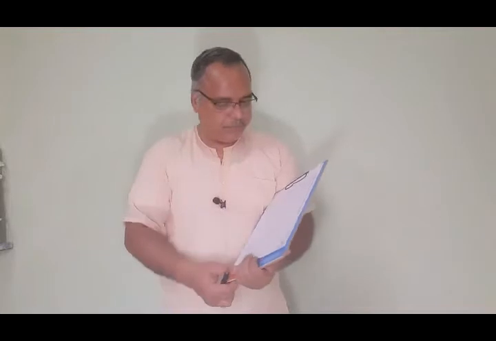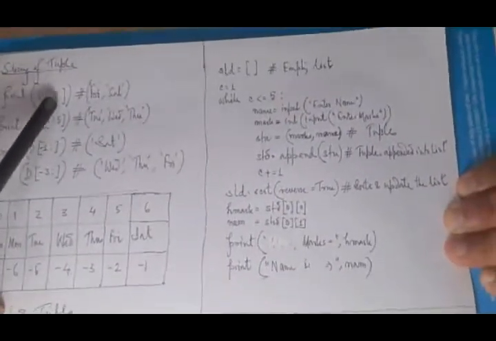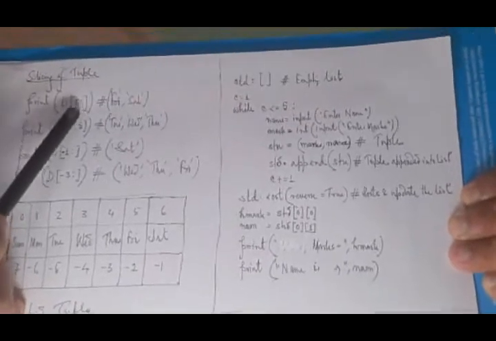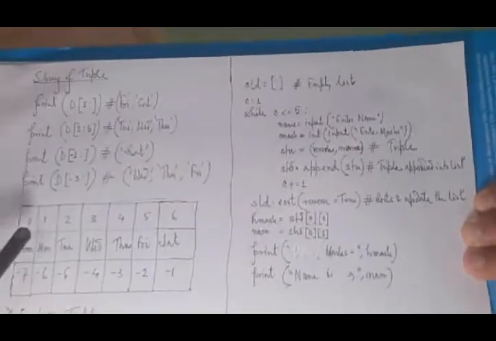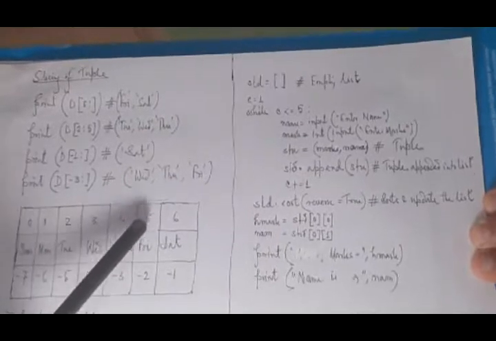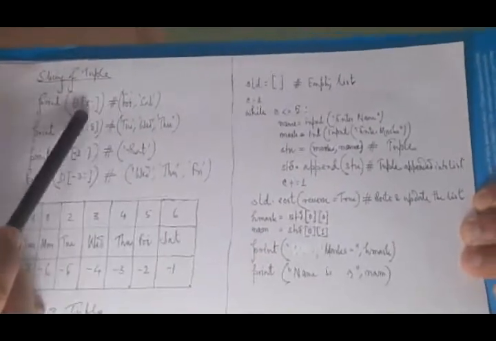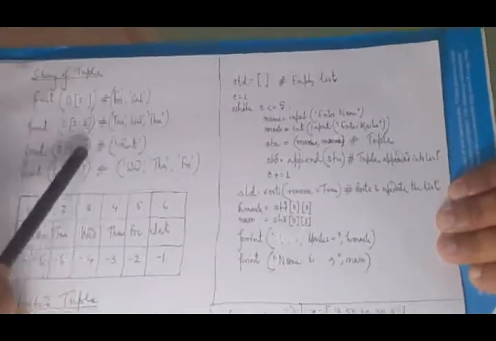Now next, slicing. The same way as we did earlier with slicing of string values, same manner, same fashion. Here also values are sliced. Print D[5:], Friday, Saturday. 5 means the 5th index to the last index, so Friday, Saturday will be printed.